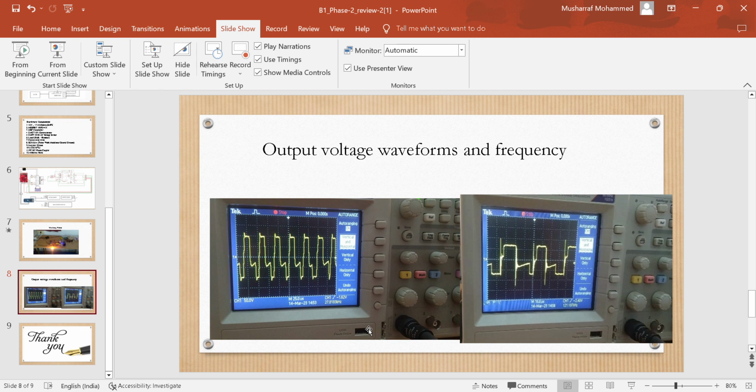So our outputs meet the requirements for wireless power transfer before the compensating coil. I will conclude that up to this level we have successfully completed our project, and thank you for listening patiently.